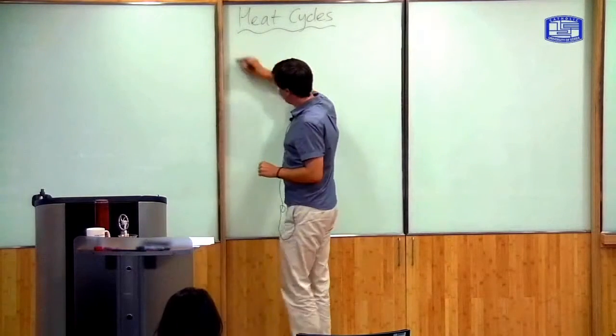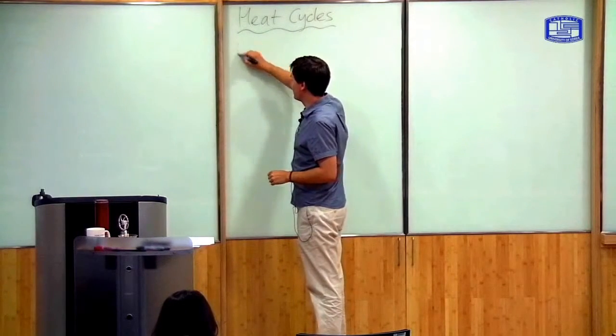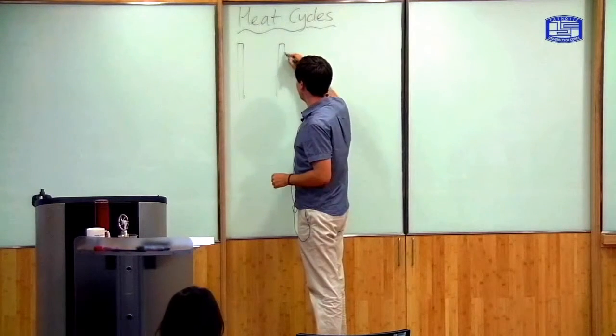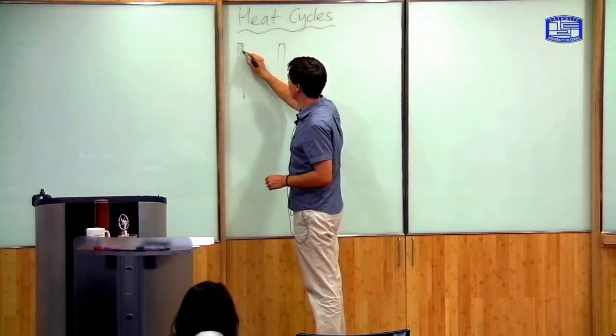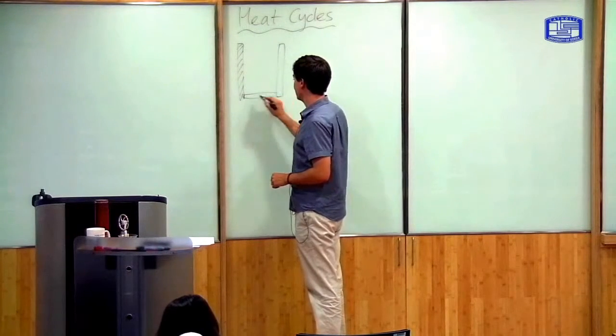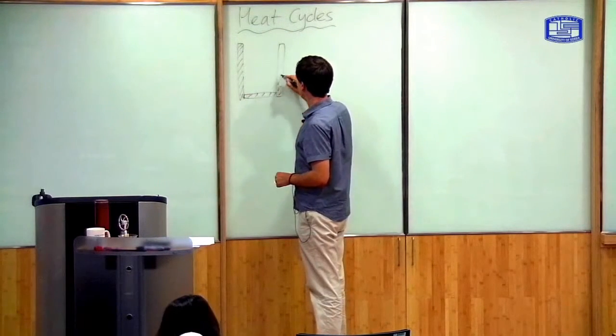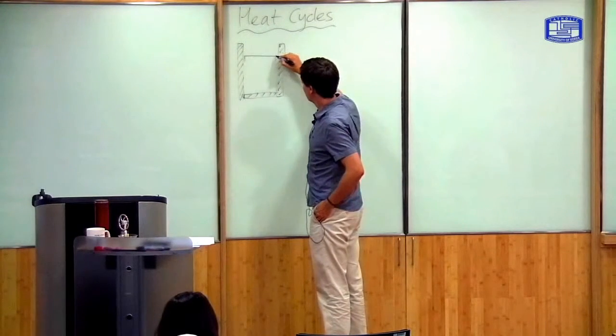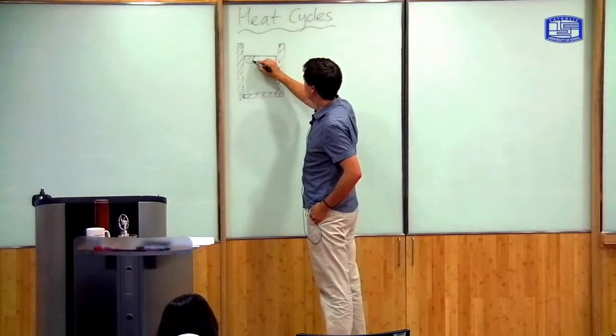So I'm going to imagine a very simple system just to explain things, and it's the one we've looked at before. Suppose that you've got this gas here, which is thermally isolated. Okay.